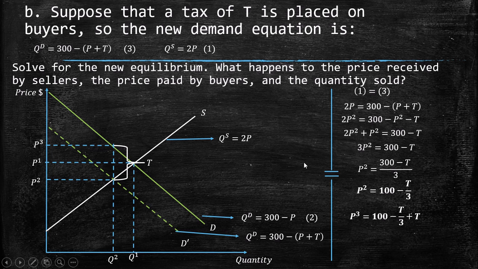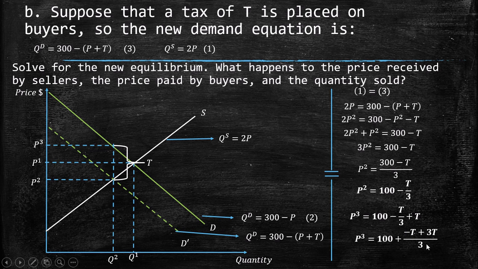So how can we figure out this P3? Remember, it's going to be this value, P2, plus t. So I just make plus t. Here I make this operation.